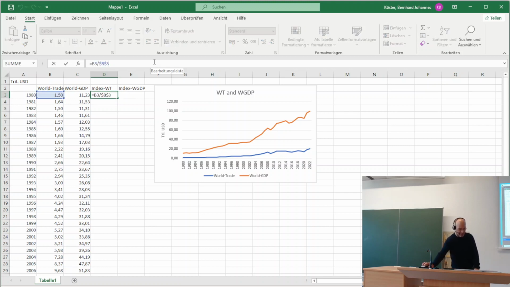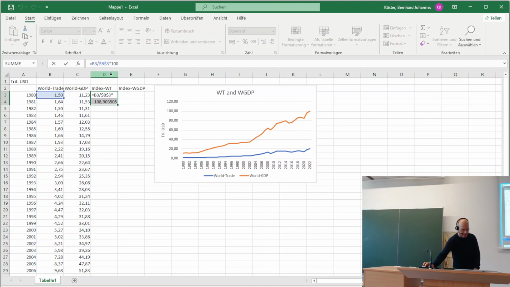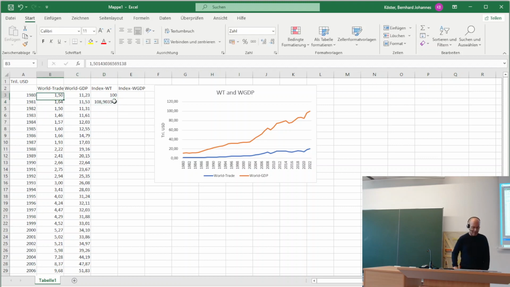And I want to have this number at 100, so I just multiply it by 100. If I go down to the next cell, clicking within here, oops, sorry, I have to go here, then you see that you just manipulate the data by 164 divided by 150 times 100. Then you know that 164, if 150 equals 100, equals 108.9.